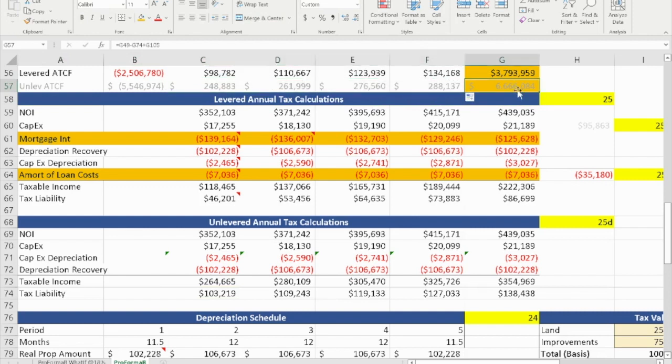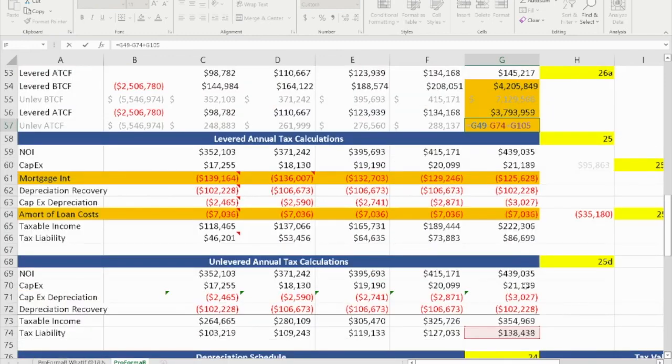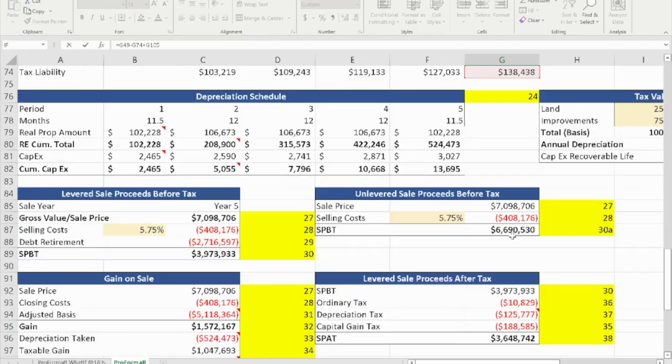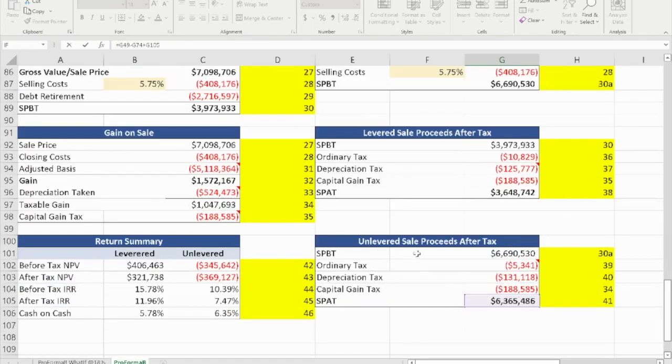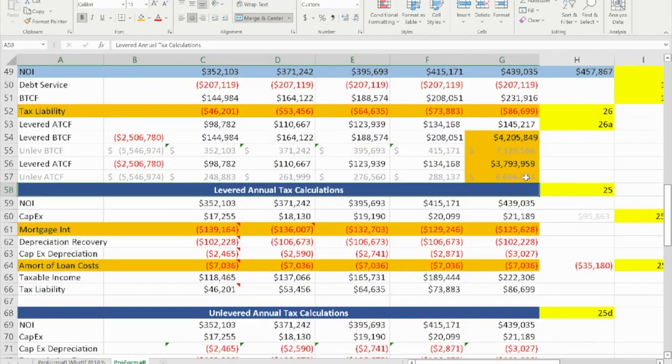For year 5, there are three things you have to add up to get the unlevered after tax cash flow. It's going to be the NOI minus the tax liability, and then you're going to add the unlevered sales proceeds after tax, which is $6.3 million. Altogether, you would walk away with the $6.6 million unlevered after tax cash flow.